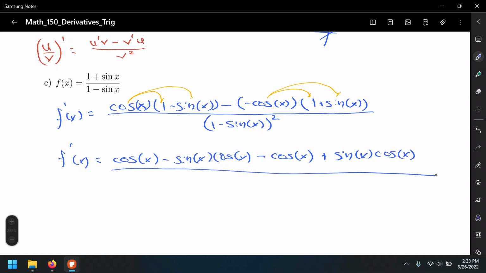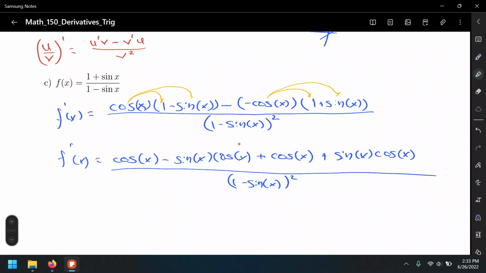And then the whole thing divided by 1 minus sine of x quantity squared, like I mentioned before. Notice what's going to happen here, that's very interesting. Oh, that's supposed to be a plus cosine. Yes, everything is plus except the second one.